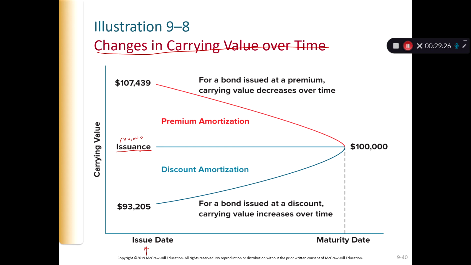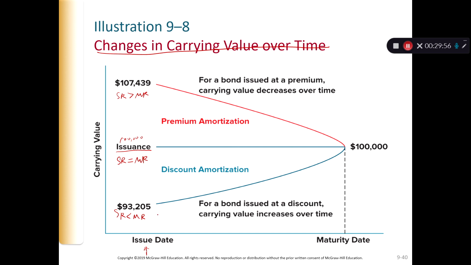If we got paid $93,205, we issued at a discount. If we are paid $107,439, because our note's stated rate is higher than the market rate, we issued at a premium. When the stated rate is less than the market rate, we issue at a discount. When the stated rate equals the market rate, we issue at face value.